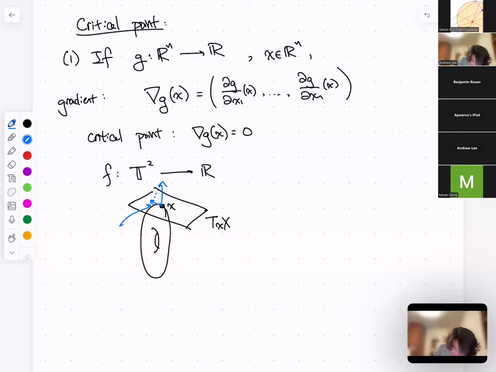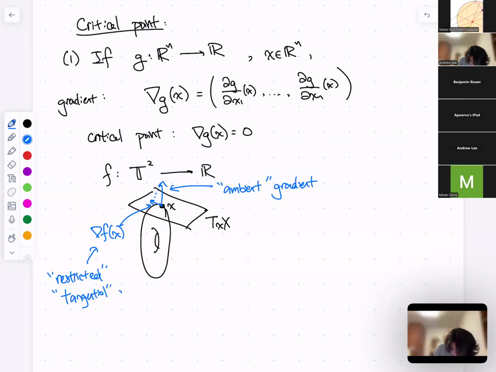So this guy over here, this is what I actually call the gradient of f at x. So this is maybe sometimes what I would call the ambient gradient. And this is the restricted, or tangential, gradient.